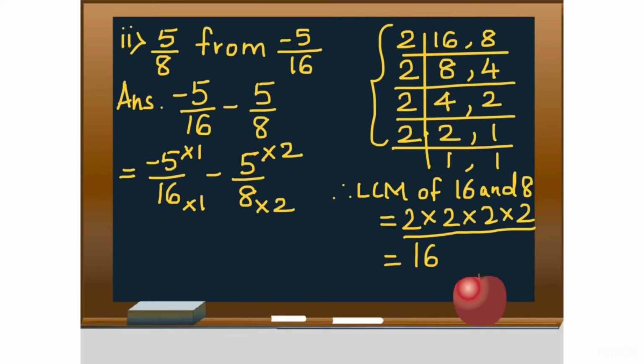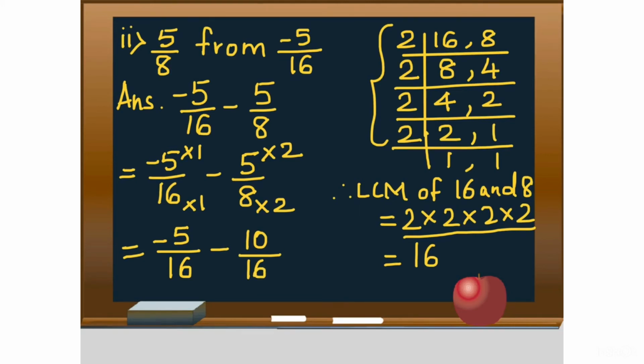Now this expression is equal to minus 5 times 1 is minus 5 by 16 times 1 is 16 minus 5 times 2 is 10 by 8 times 2 is 16.